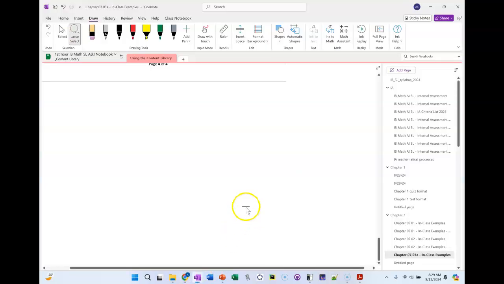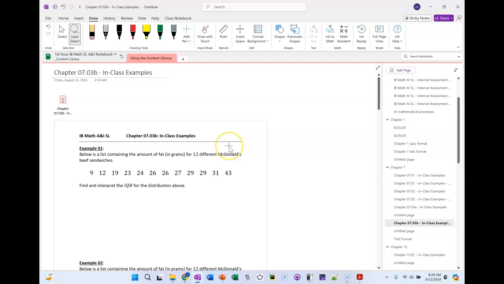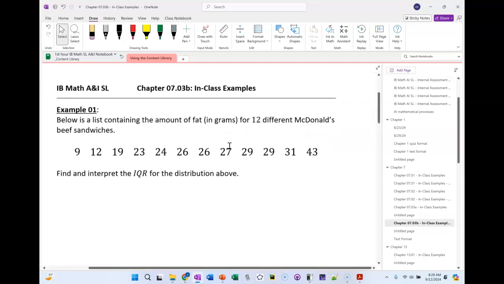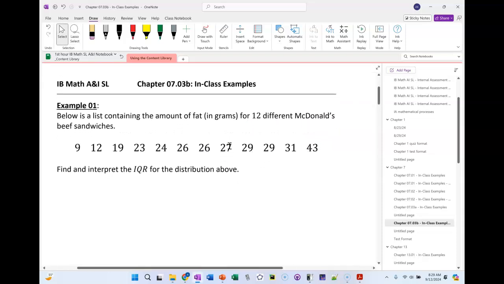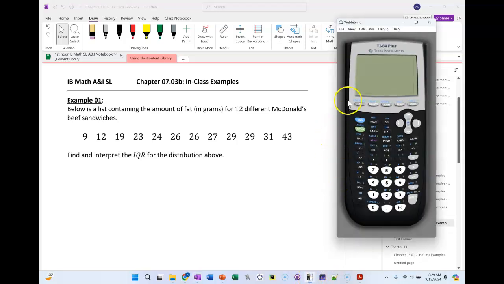Okay. Let's go to that second set of in-class examples. And let's calculate the IQR for this data set. I think like a bonehead, I stopped entering these in, didn't I?